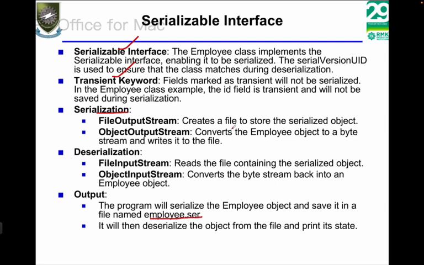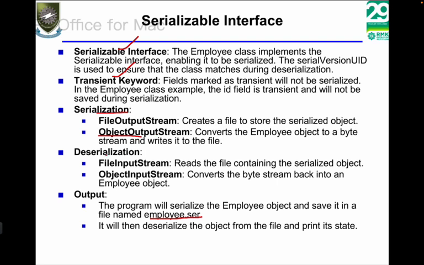If you want to convert a particular object to a stream, that can be done with the help of ObjectOutputStream. It converts the employee object to a byte stream and writes it into the file. So FileOutputStream creates a file with the extension ser, and ObjectOutputStream converts the class into a stream and writes it into the file.